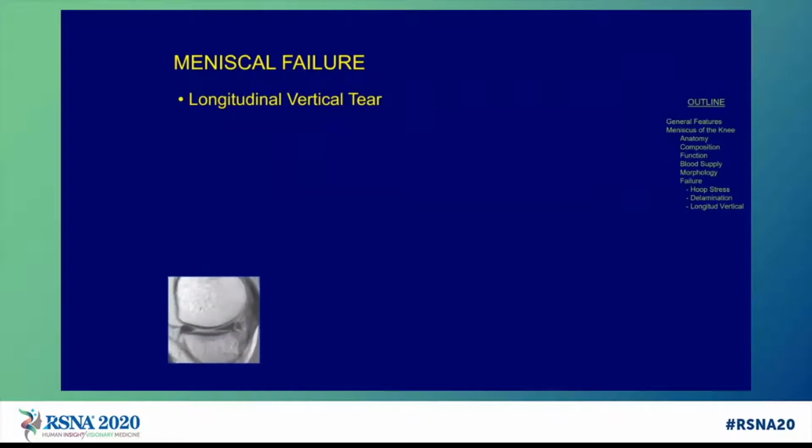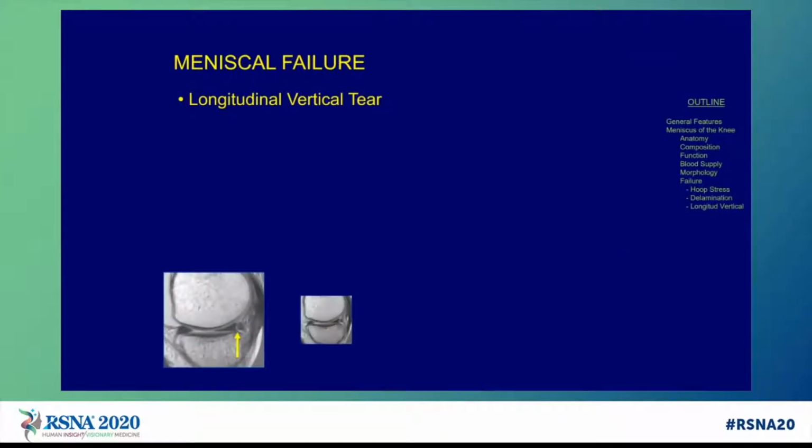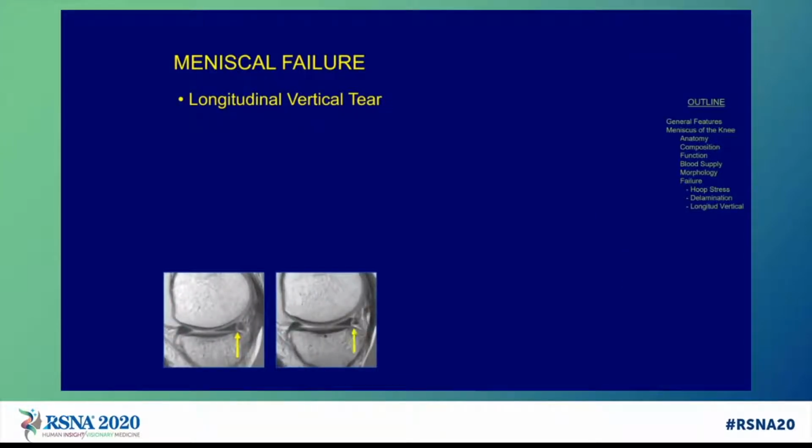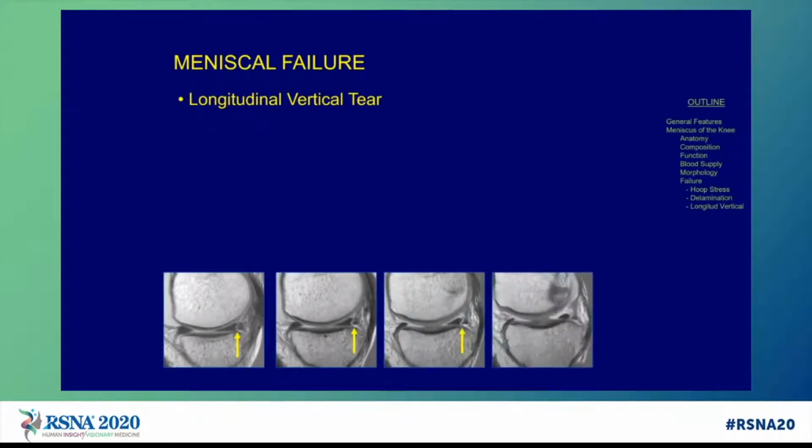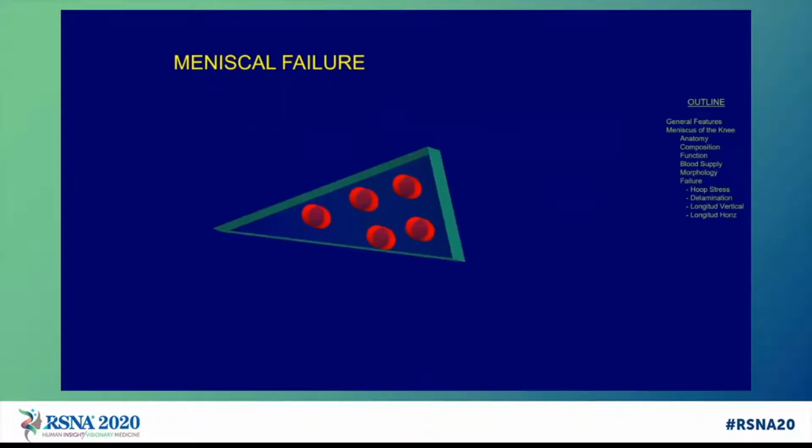So to give you an idea, the first sagittal image here, the second sagittal image here looks the same, the third here looks the same, the fourth here looks the same. You can figure out the length of these longitudinal vertical tears. Some people suggest if they're over 9 or 10 millimeters in length, they are unstable.